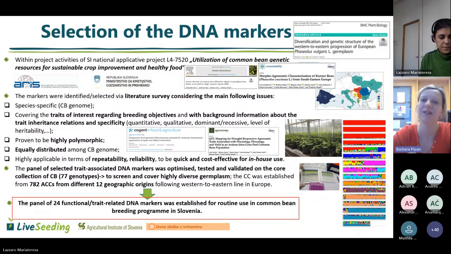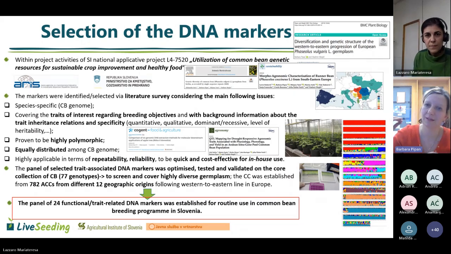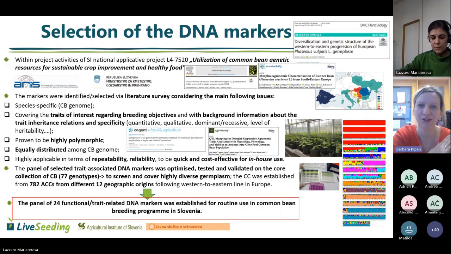The selection of the markers was done with the support of our national applicative project, which allowed us to complement the contents of the common bean breeding program, which is in Slovenia financed by our agricultural ministry, but there are not enough funds to generate basic knowledge on how to introduce it into the breeding program.